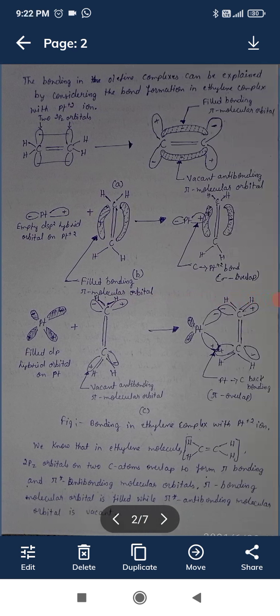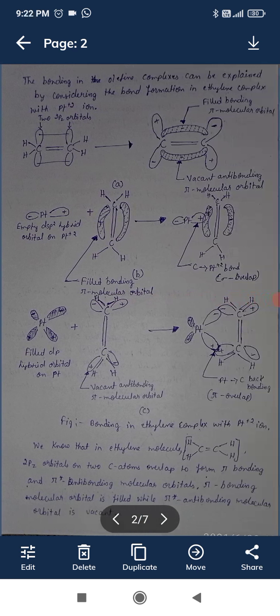Now in the third case, the empty pi star antibonding molecular orbital of the ethylene molecule overlaps with the filled dp hybrid orbital on the platinum ion. There is no donation of electrons from ligand to metal here; the metal is filled and the ligand is vacant.